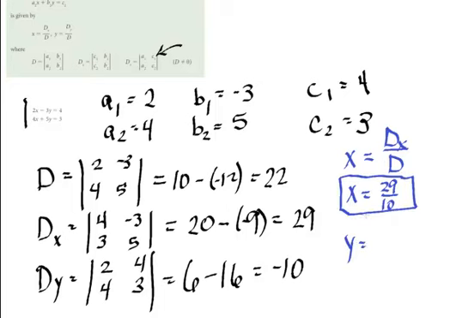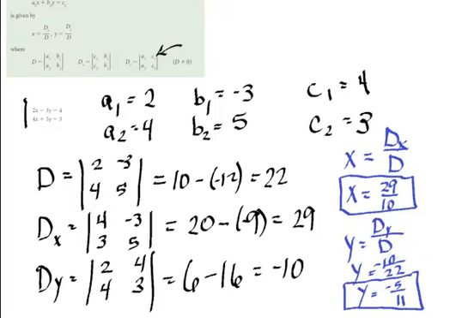Y equals Dy over D. Y is going to equal Dy, that's negative 10, over, let's see, capital D is 22. I guess I could say that you simplify to negative 5 over 11. Ooh, those are not very pretty answers, are they?